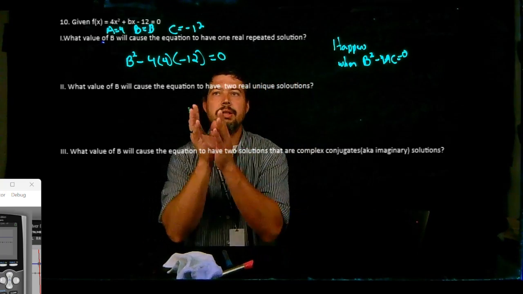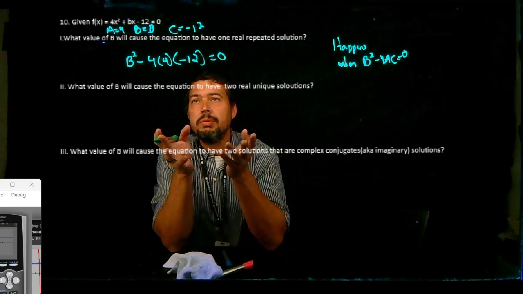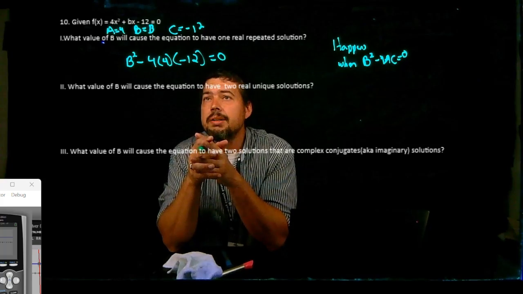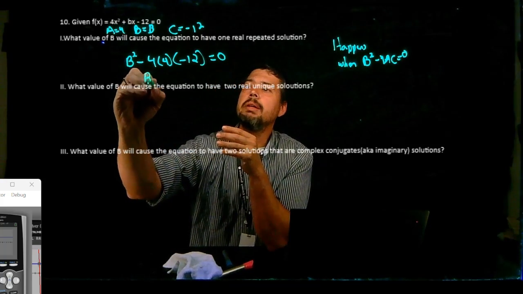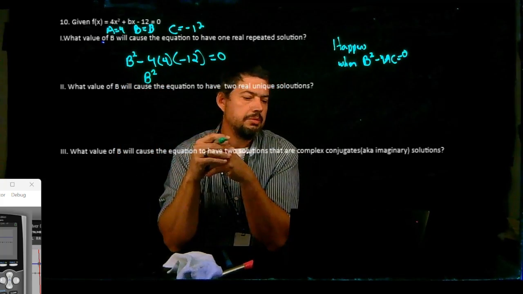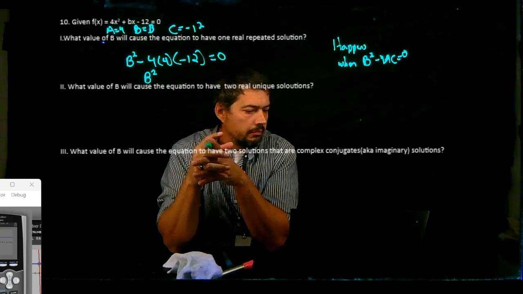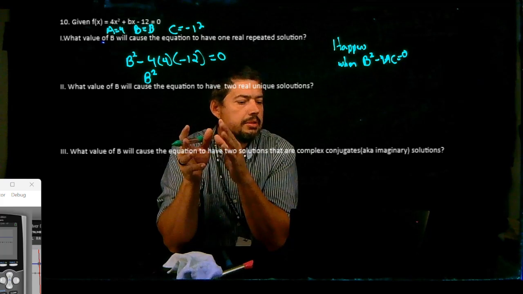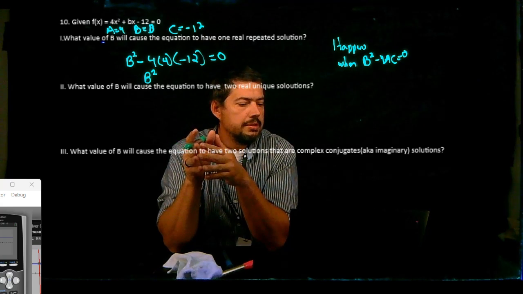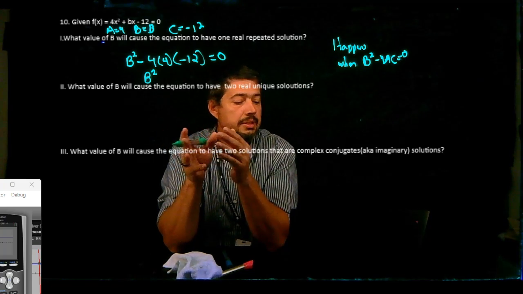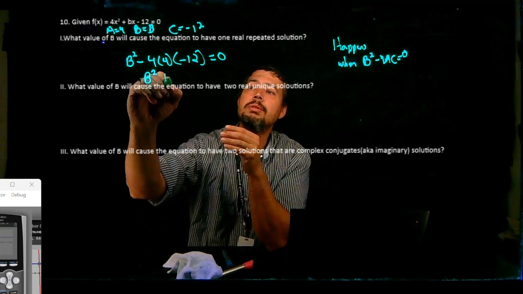I've got to figure out what negative 4 times negative 12 is. I know it's positive, so this probably has imaginary solutions. Make sure I didn't make any mistakes. All right, so 4 times 4 is 16, times negative 12, sorry, negative 16 times negative 12 is positive 192.